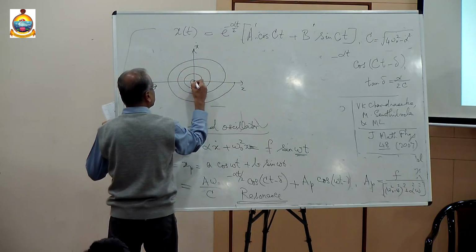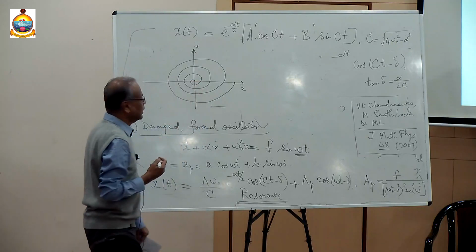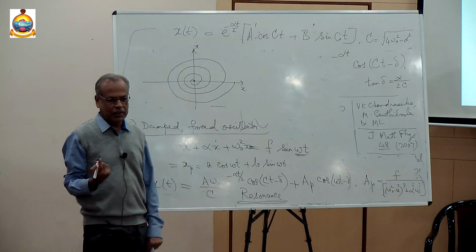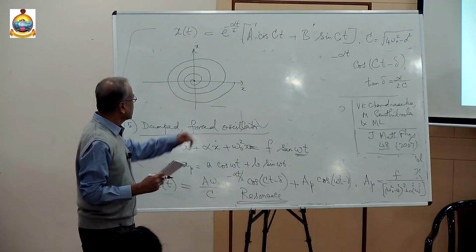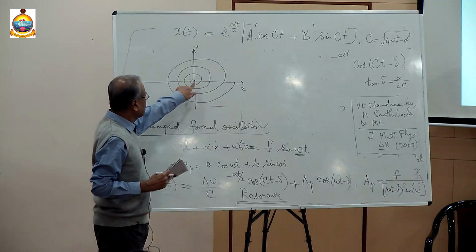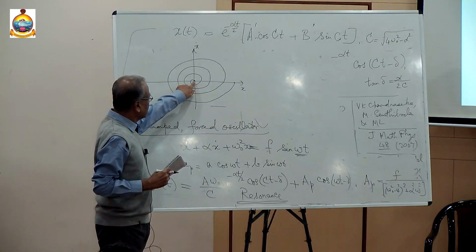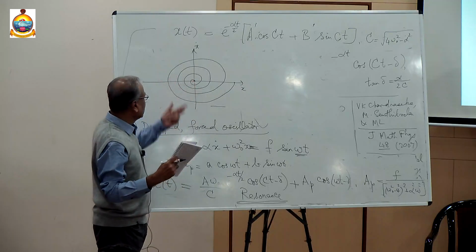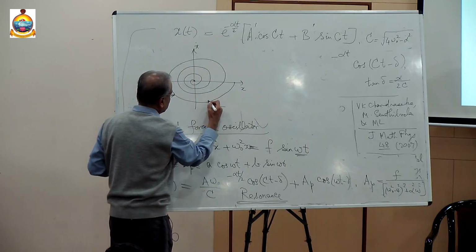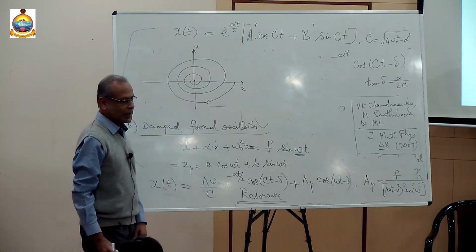Ultimately, it ends up at the equilibrium point. Equilibrium in the sense that when you perturb, the system may remain at this point or it may move away. So in this case, the amplitude keeps on decreasing.